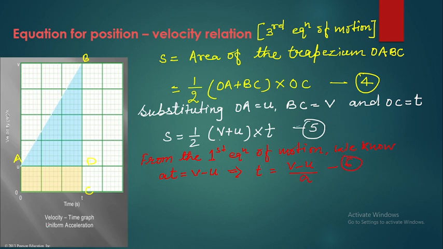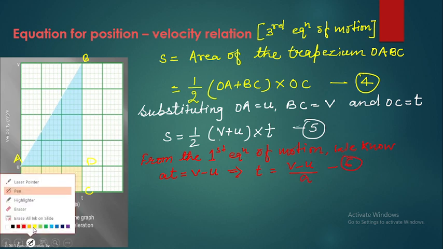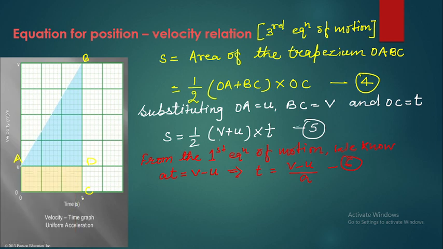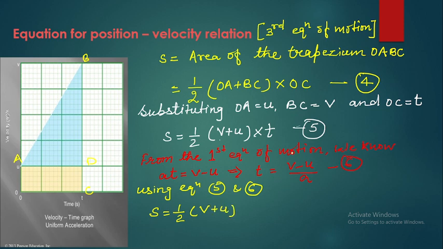Equation number 6. Using equations 5th and 6th, S is equal to half V plus U, and put the value of T from equation 6 into equation 5, V minus U upon A.